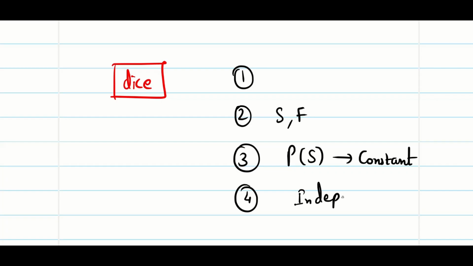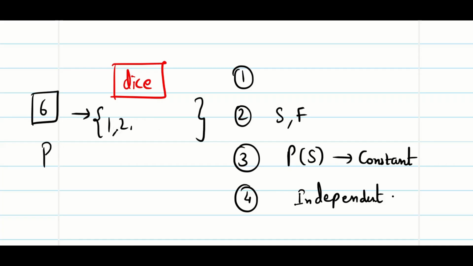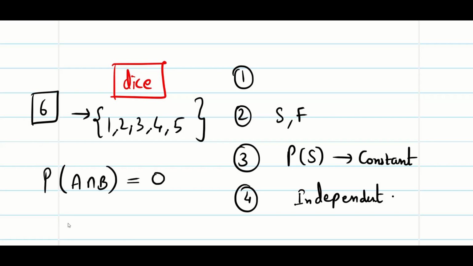Also, if 6 occurs in the die, it stops the occurrence of all the other numbers 1, 2, 3, 4 and 5. That means the events are mutually exclusive. There is nothing common between two events in dice. For example, the probability of getting 6 and the probability of getting 3. Nothing is common between them.